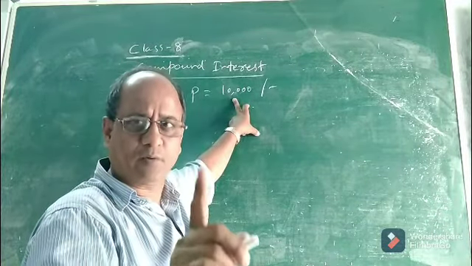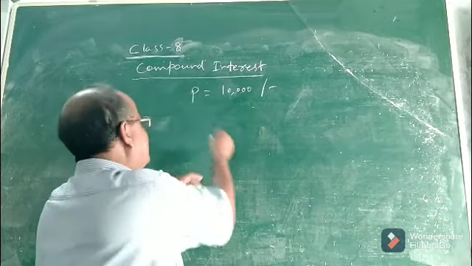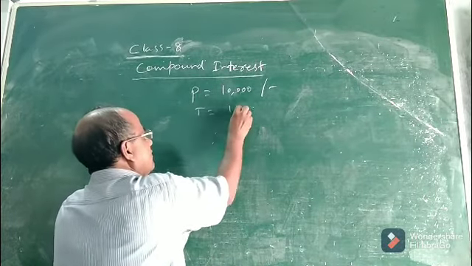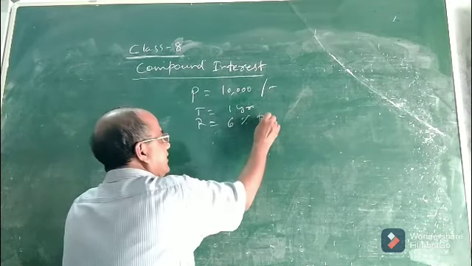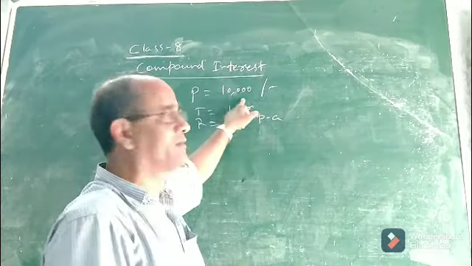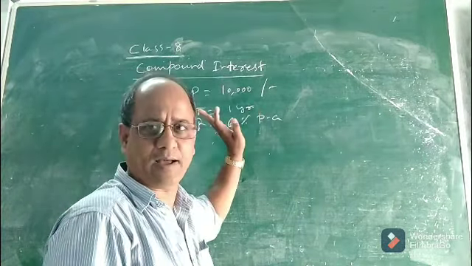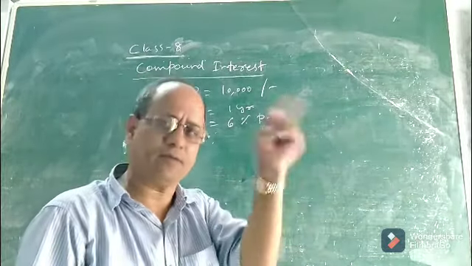Time is 1 year, see children. And at what rate? Suppose he borrowed at 6% per annum, PA. He promised to pay the amount to the bank after 1 year.